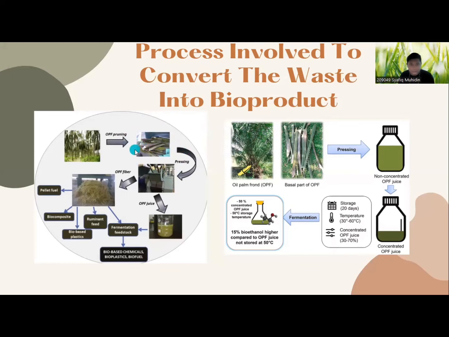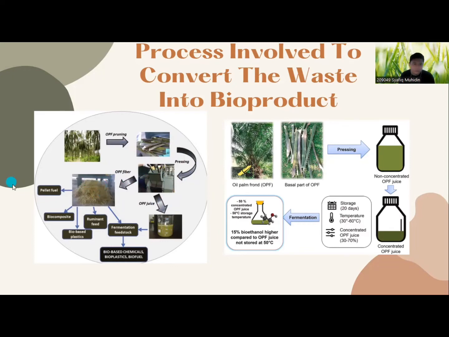The process to convert, as we can see in this picture, is that we prune the OPF and press it in a machine to get the OPF fiber and OPF juice.